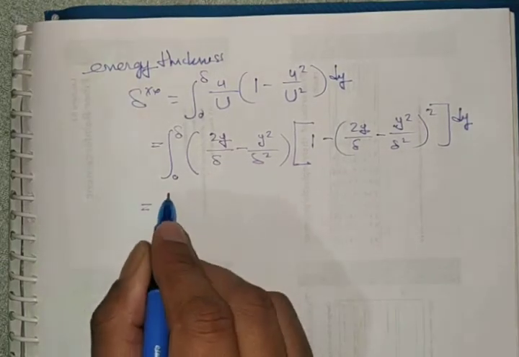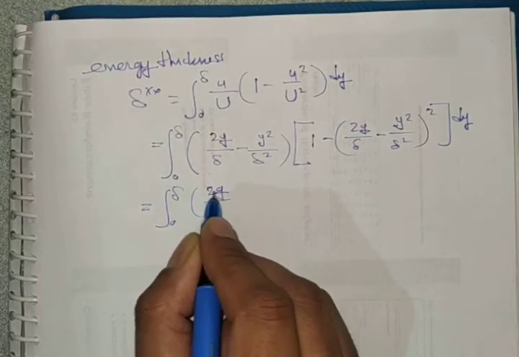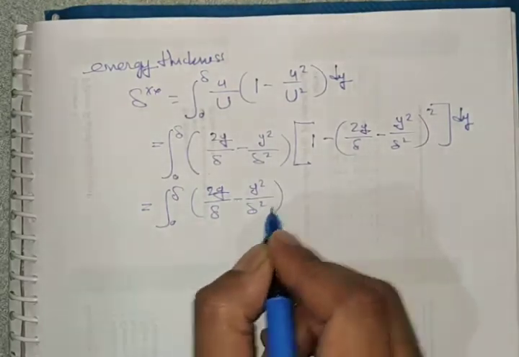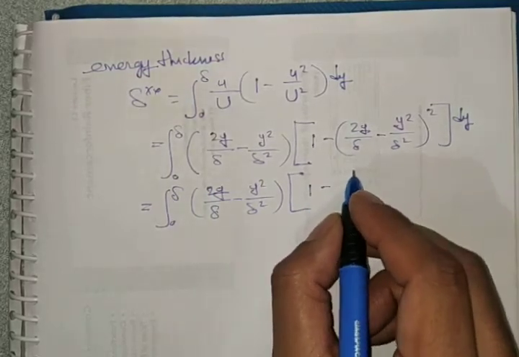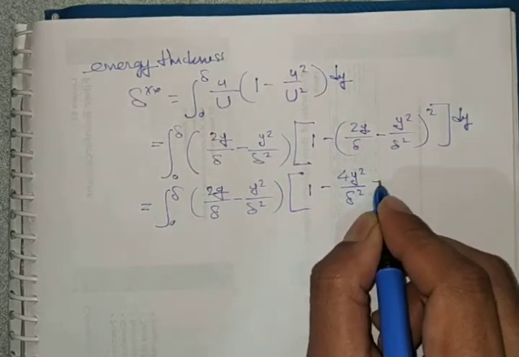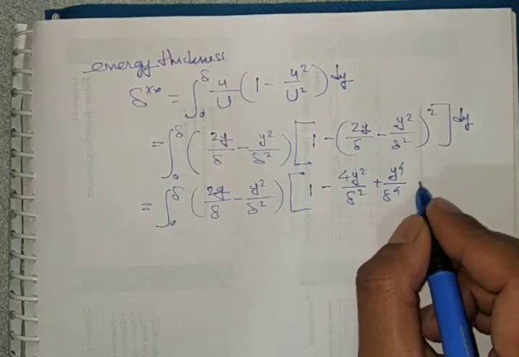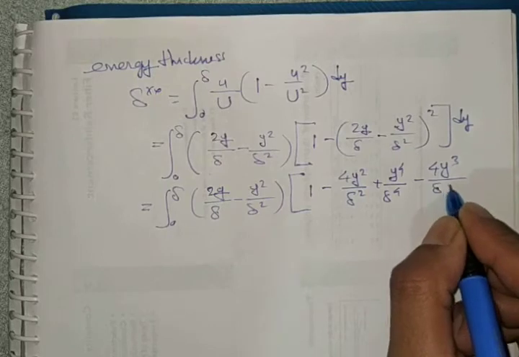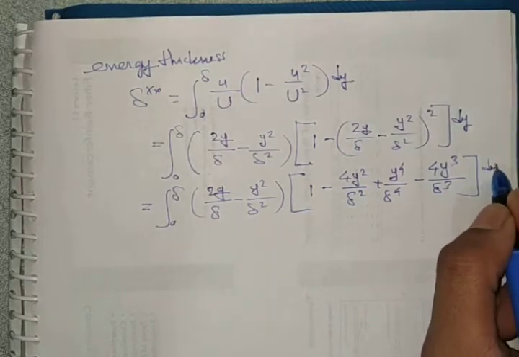After that, integration of 0 to delta of 2 y by delta minus y square by delta square. Now if you simplify that, it will become 1 minus 4 y square by delta square plus y to the power 4 by delta 4 minus 4 y cube by delta cube, dy, the whole.